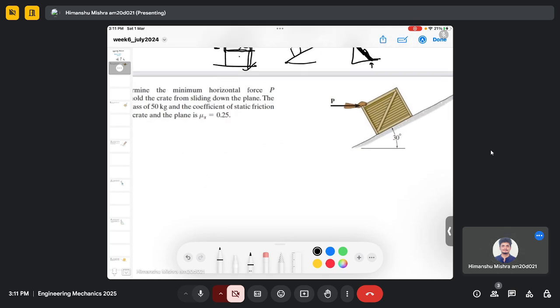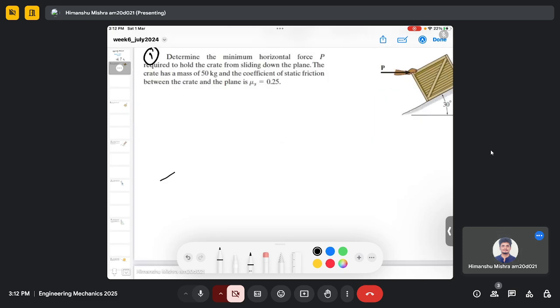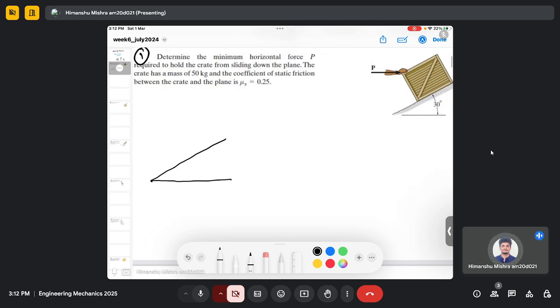As we discussed in the previous class, the first step is always to make the free body diagram, where we have to identify two things: the coordinate system that we are using and all the forces. Here the additional force is the frictional force. This is P, which I need to find.